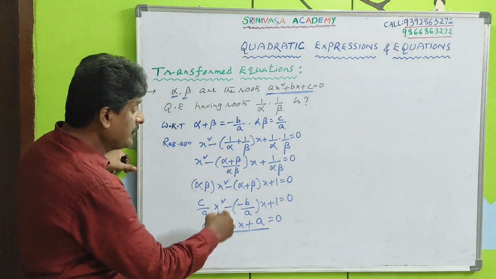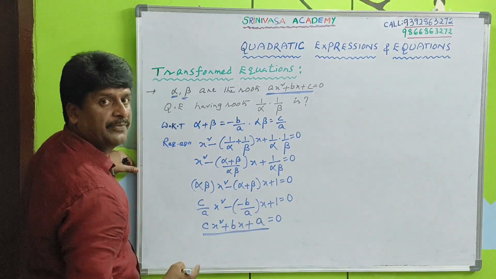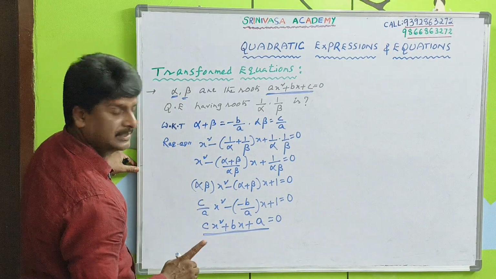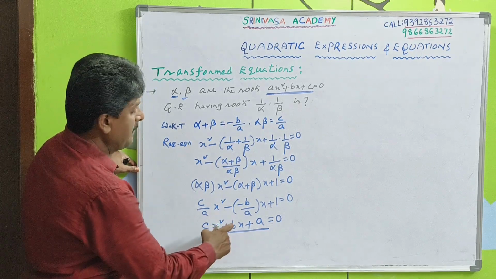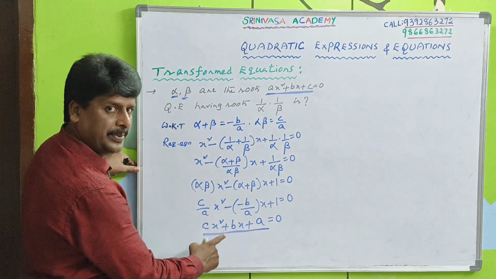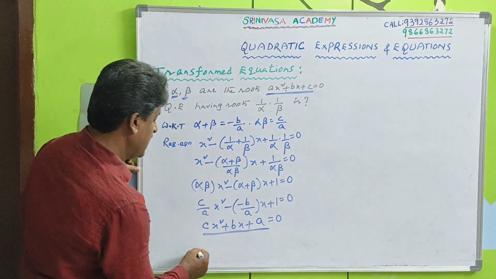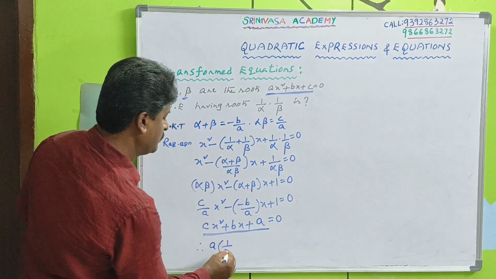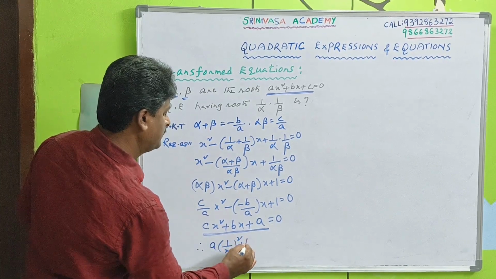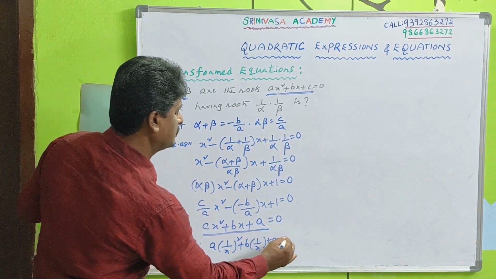In order to convert into that form, divide the whole equation by x square on both sides: cx square by x square will be c, bx by x square b by x, a by x square, rewrite as a into 1 by x whole square plus b into 1 by x plus c is equals to 0.